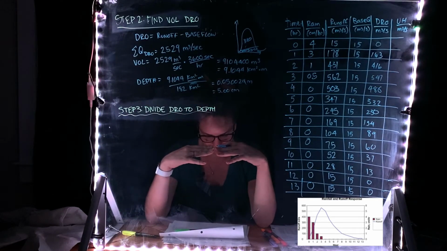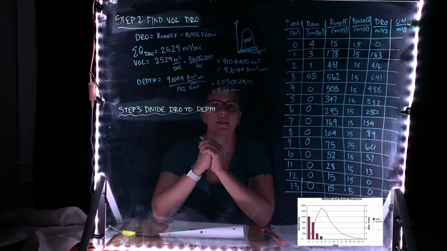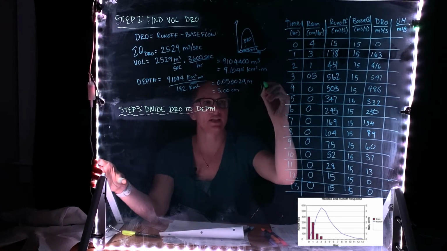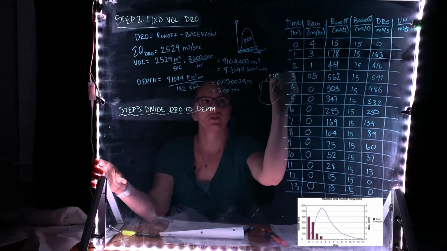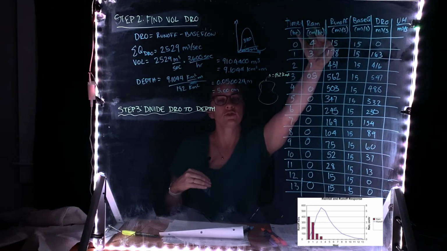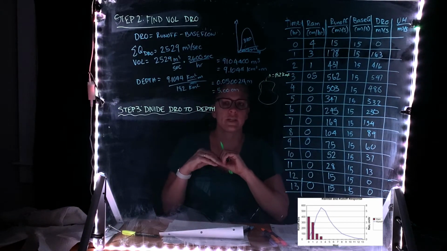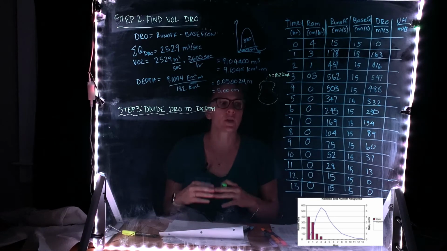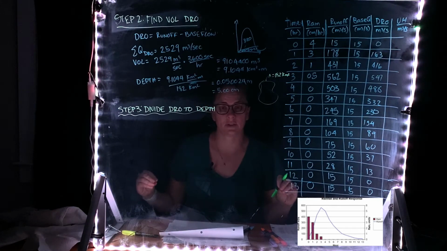Okay, let's step back and think about what this 5 centimeters means. For the given watershed, here's my watershed with an area of 182 square kilometers. If this rainstorm fell on that watershed and then we allowed all of the storage and infiltration to occur, we would be left with the entire watershed covered with 5 centimeters of rain.